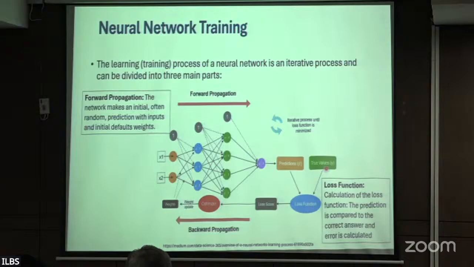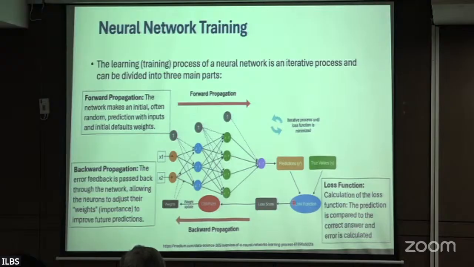It is the same kind of truth table, with true positive, false positive, false negative, true negative. Same thing is done here. The loss function calculates the amount of loss, and then that loss information is propagated backward. It is called backward propagation. With this loss information, the model adjusts the weight and bias in the next calculation. So it is an iterative process until the loss function is minimized and the error is minimum.